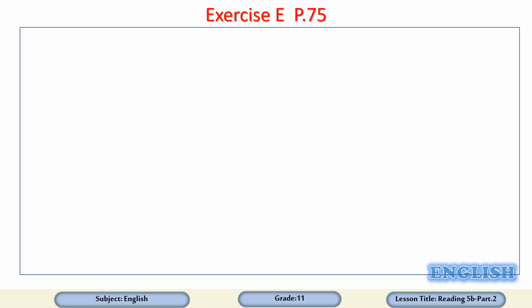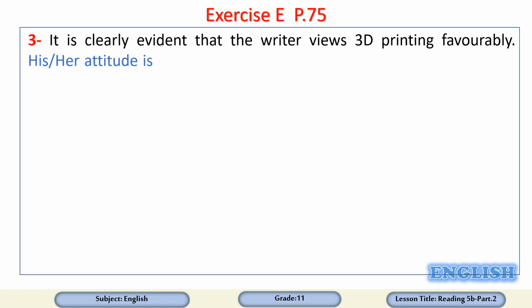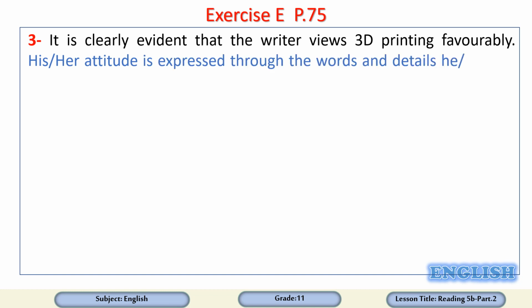And here is the answer for question number 3. It is clearly evident that the writer views 3D printing favorably. His or her attitude is expressed through the words and details he or she has selected to talk about the subject.